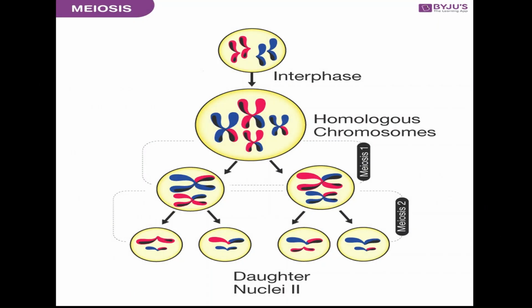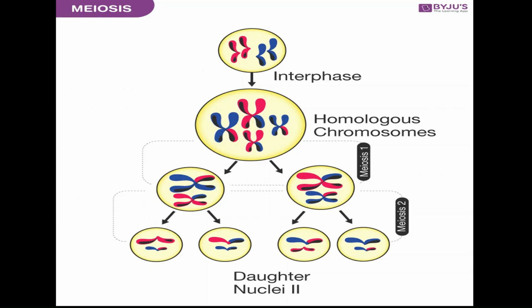So here on the screen, we are looking at the phases or the process of meiosis in a nutshell. With meiosis, you start with one cell, and at the end of the process, you end up with four daughter cells that are not identical. These four daughter cells are haploid and they are automatically sex cells.